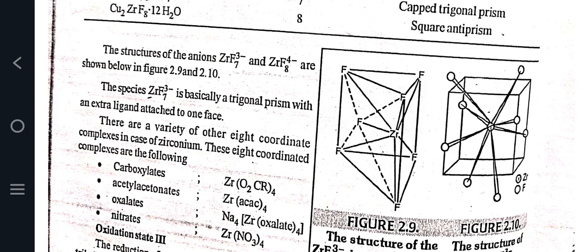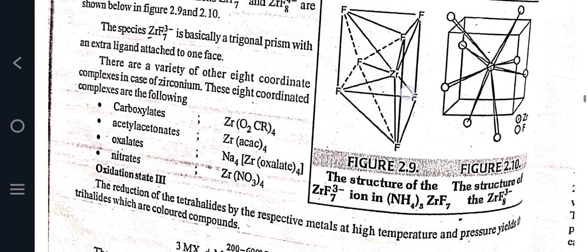The species ZrF7 3- is basically a trigonal prism with an extra ligand attached to one face. There are a variety of other 8-coordinate complexes. In the case of zirconium, there are 8-coordinate complexes of the following: carboxylates, acetylacetonates, oxalates, nitrates.